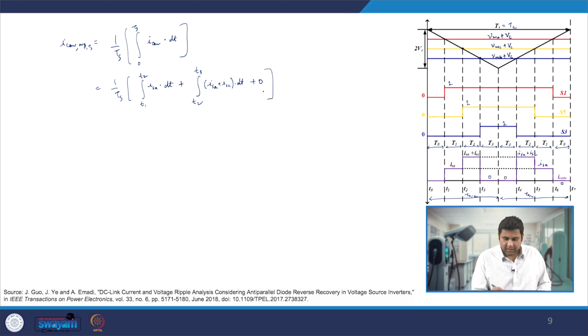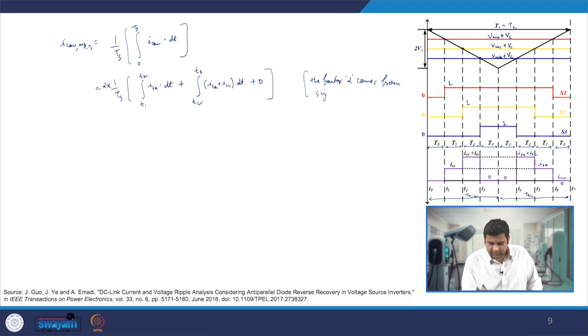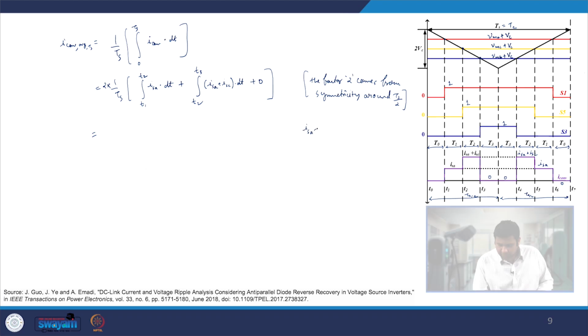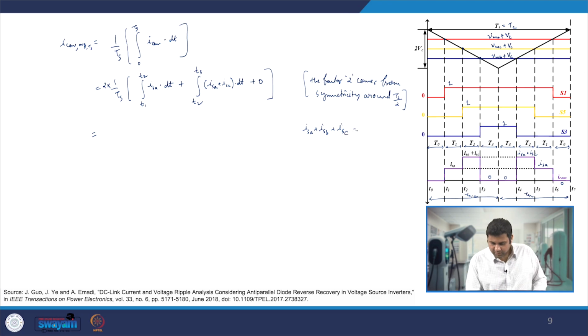Since it is symmetrical, we can multiply this by 2. The factor 2 comes from the symmetry around Ts by 2. And we know that ISA plus ISB plus ISC, because of the balanced three phase operation, is nothing but equal to 0.